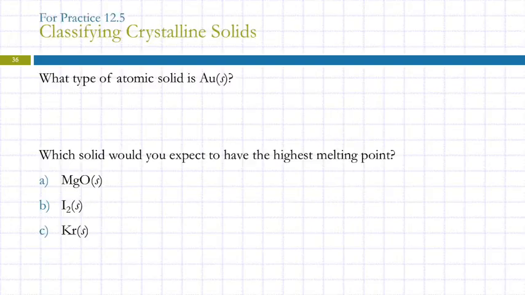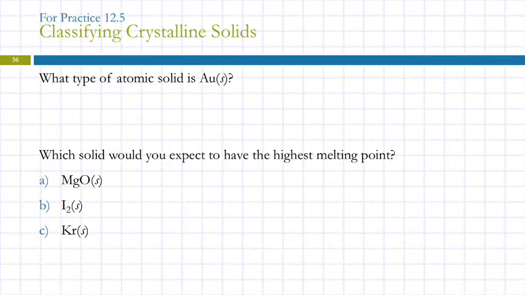Okay, so you should be able to look at the formula for a substance and tell me what kind of solid it would be. So, Au as a solid. Now they're telling you it's atomic, what kind of an atomic solid would that be? Would it be non-bonding, metallic, or network covalent?